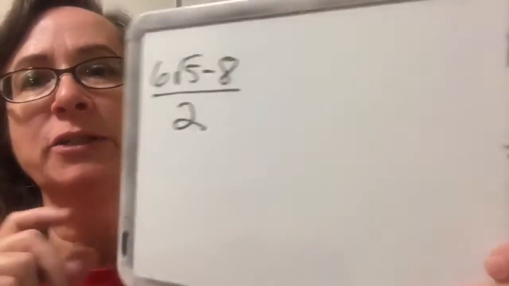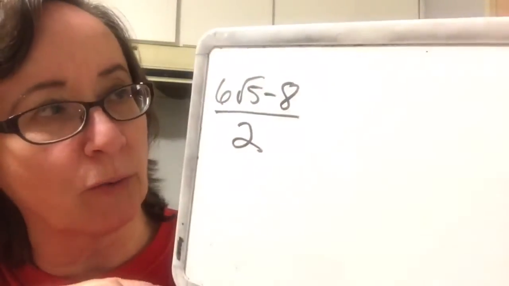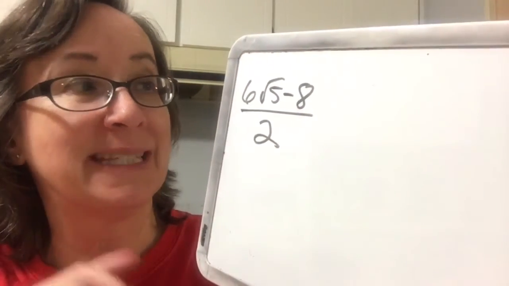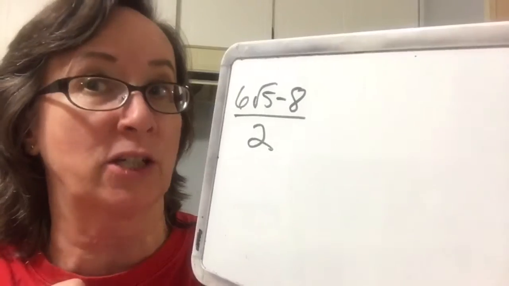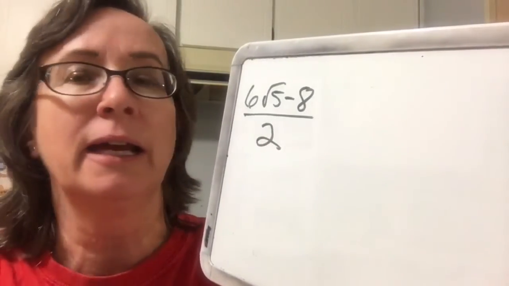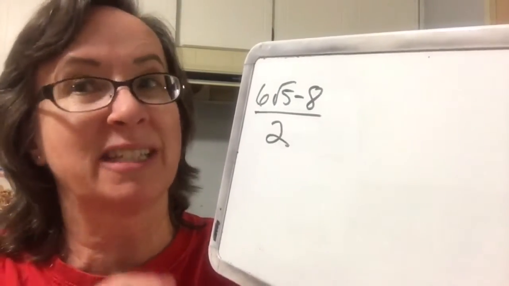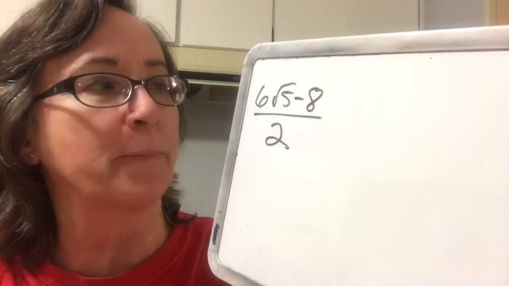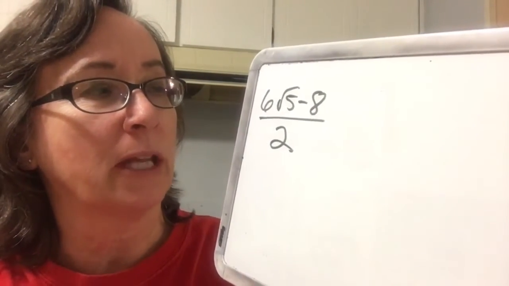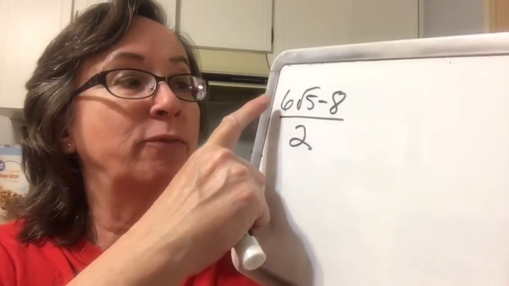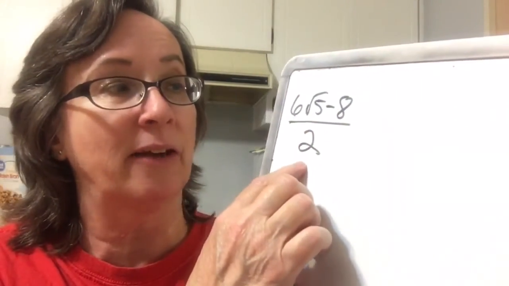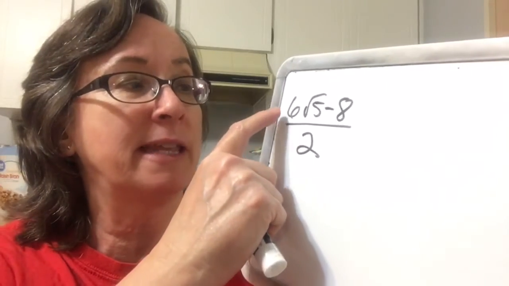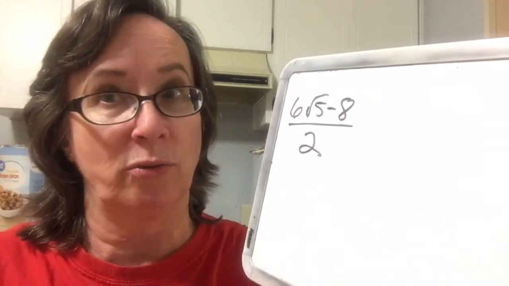All right, so we're going to do this problem, and we're going to simplify. Now, this is the same problem we just did. In the last problem, we rationalized the numerator. Now, we're going to just simplify like a normal radical, okay? If we were leaving it with the numerator clean of any radicals, then notice that I have a 6 and an 8 and a 2.